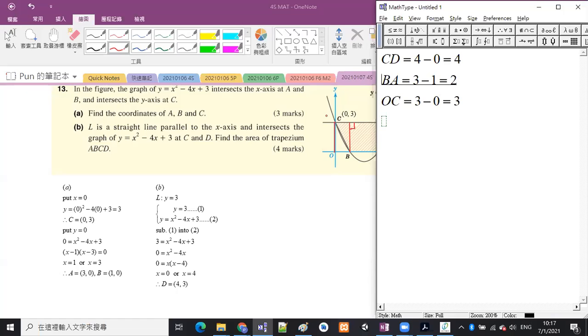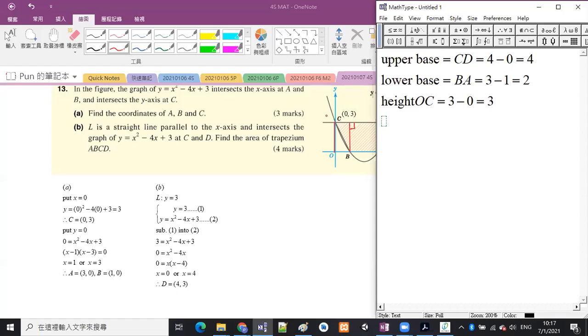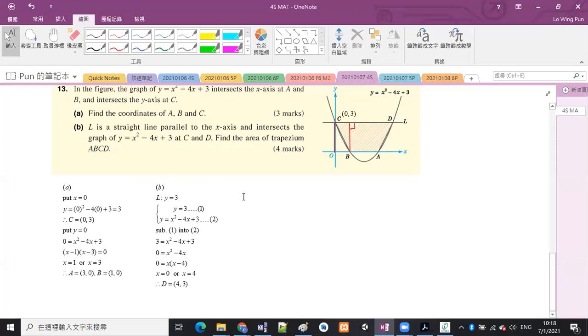Okay, so let me write here, upper base, and this one will be the lower base, and this one is the height. Okay, and then the area of ABCD will be (4 plus 2) times 3 divided by 2. That should be equal to 9. So that is the answer.